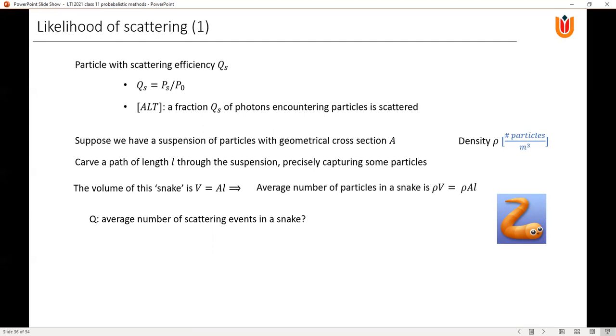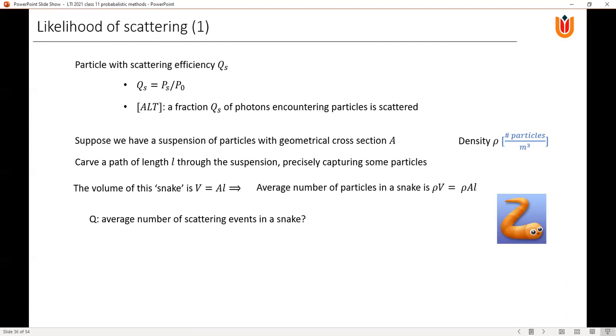If this is really true, what is then the average number of scattering events in the snake? So the average number of particles in the snake is given by this amount.